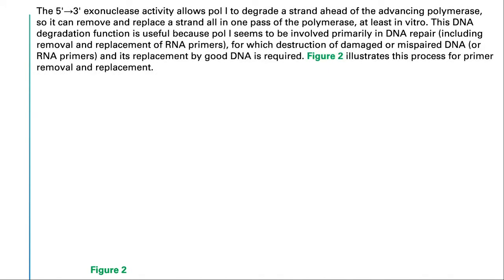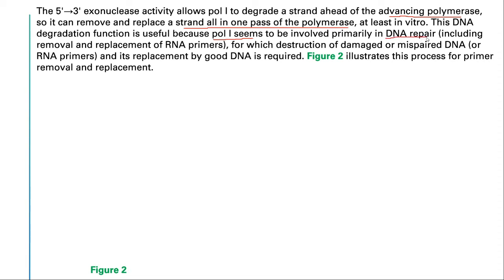The 5' to 3' exonuclease activity allows Pol1 to degrade a strand ahead of the advancing polymerase. So it can remove and replace a strand all in one pass of the polymerase, at least in vitro. This DNA degradation function is useful because Pol1 seems to be involved primarily in DNA repair.